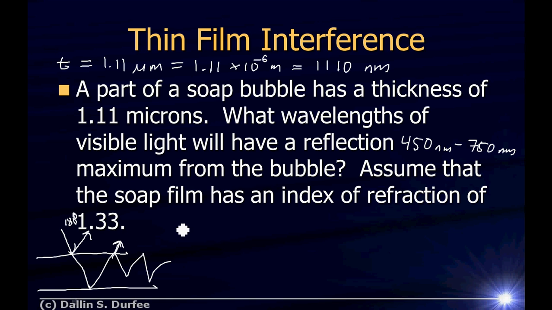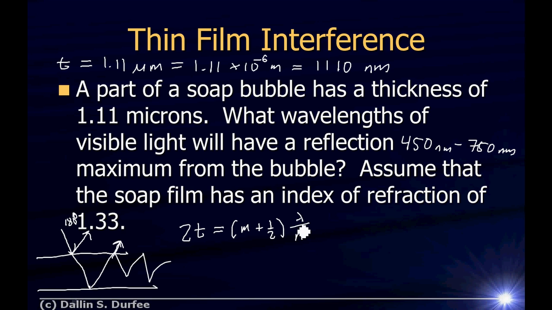All right, so that means my path length down and back, which is 2 times t, I want that to be equal to a half integer number of wavelengths. I want it to be an integer plus 1/2 times the wavelength of light, but we want the wavelength of light in this medium. So it's the wavelength of light in vacuum divided by the index of refraction.